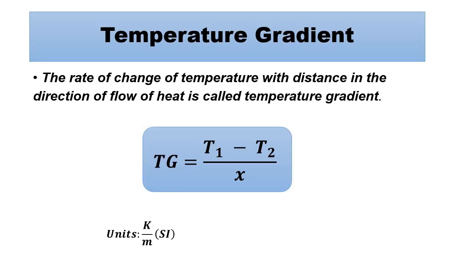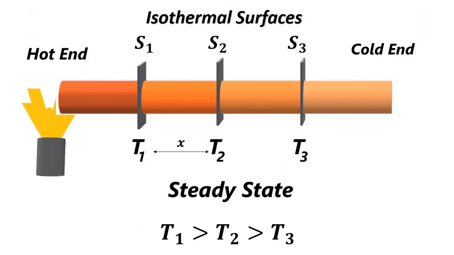So now let us discuss temperature gradient, which is an important concept. Let us take this metal rod which we are discussing and take any two cross sections, two isothermal surfaces, S1 and S2. Let's say S1 is at temperature T1, S2 is at temperature T2.